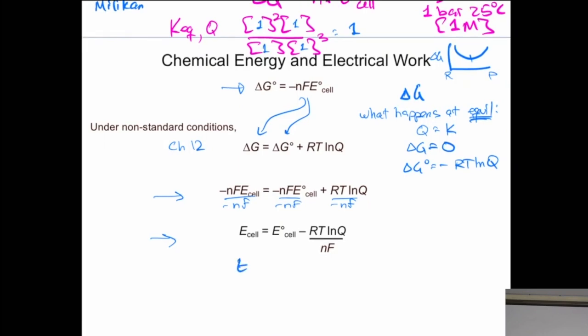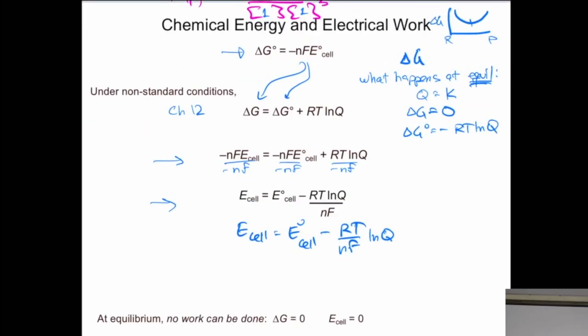I'm going to rewrite this a little bit to emphasize something that I want to show you in the next example: minus RT divided by NF, and I'm going to put this log Q off to the side because everything else here is constant. R is always constant.